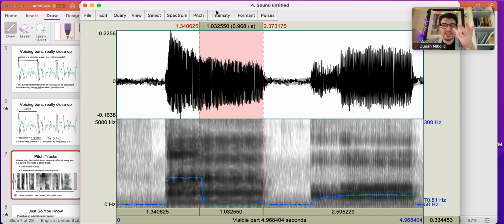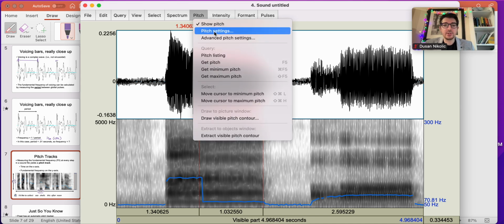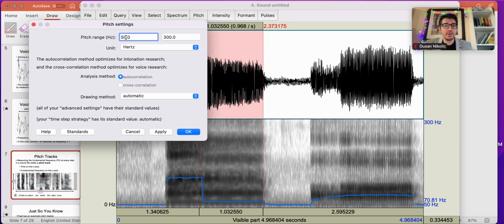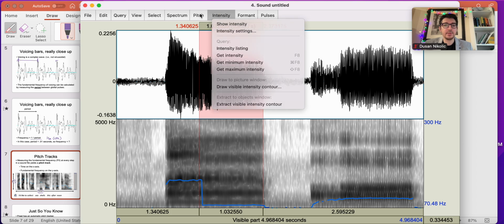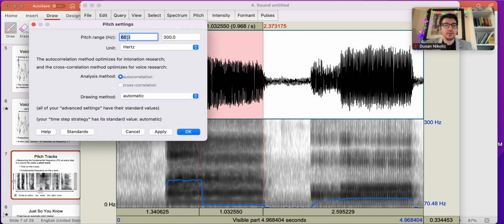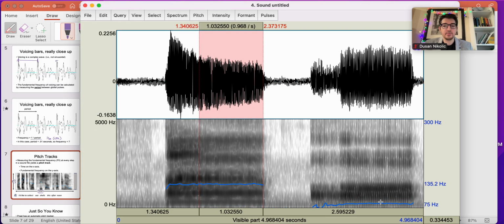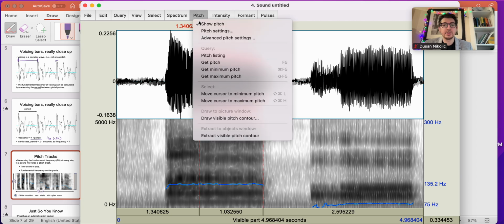And what I got is something weird, so it's not good. I'll tell you later why. What I might do is try 60 hertz. No, not good. And you have to bear in mind that this is a program. It's not so precise. So 75 hertz or maybe 70.